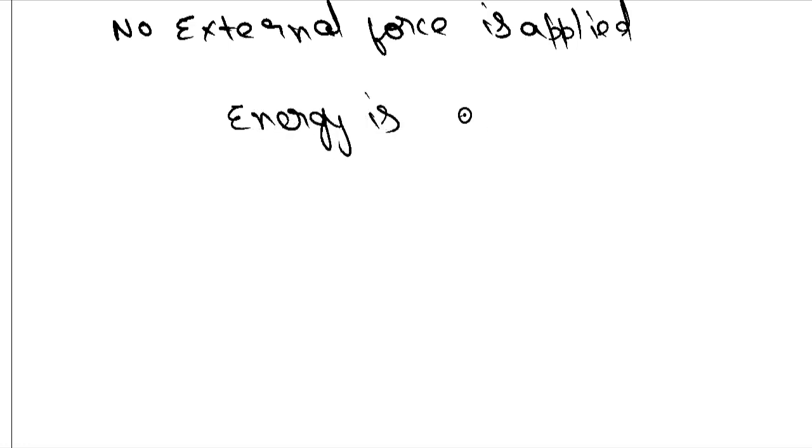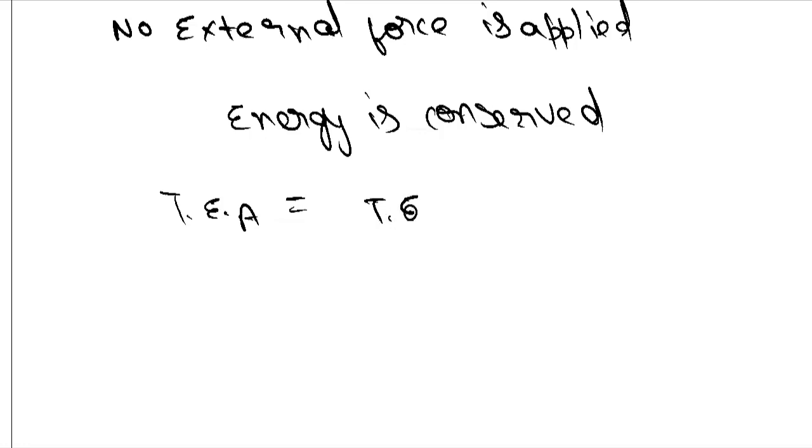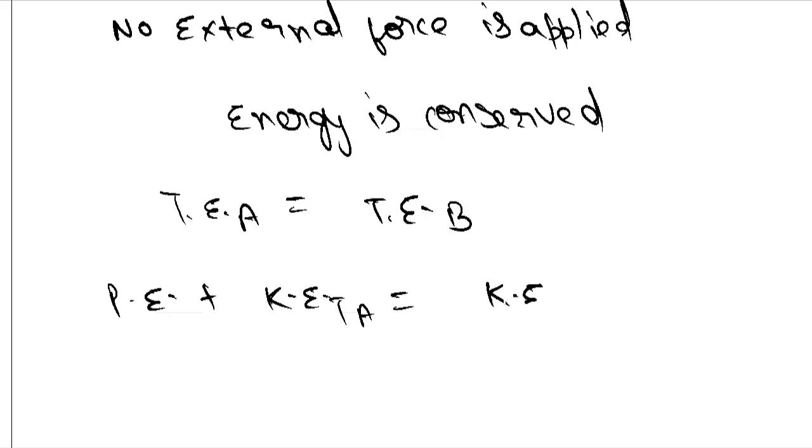If we apply energy conservation, the total energy in case A and the total energy in case B are equal. So in the first case, total energy is potential energy plus kinetic energy through translation of A, which equals kinetic energy through translation of B plus kinetic energy through rotation of B plus potential energy.